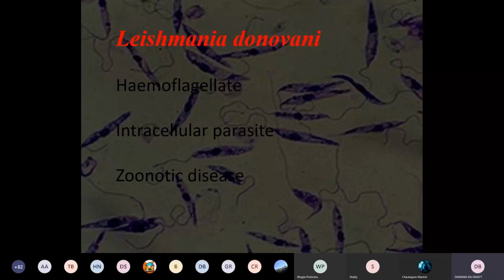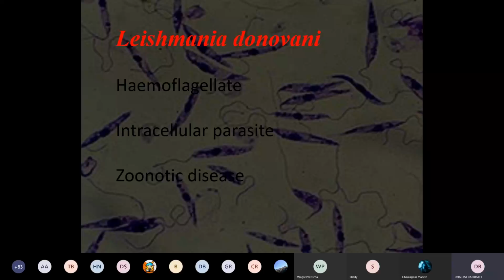So hemoflagellates are the parasites, or the microorganisms, which reside in the peripheral blood, and they have flagella. So flagellates are microorganisms with flagella which reside in the blood.